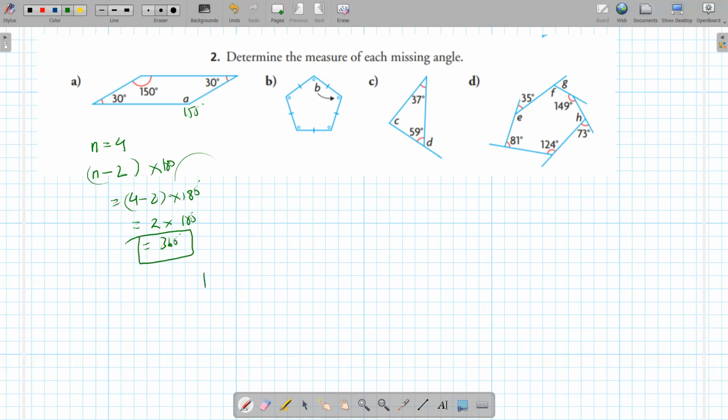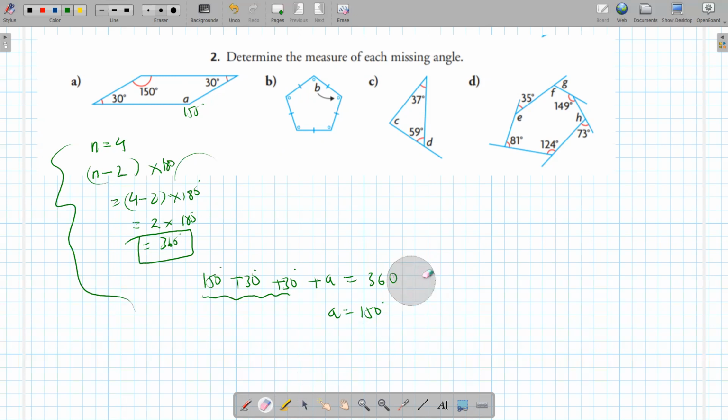So 150 plus 30 plus 30 plus A, when you add them up, you get 360. If you subtract these from both sides, you'd find that A is also 150. That's another way of doing it, using the ideas learned in this unit.